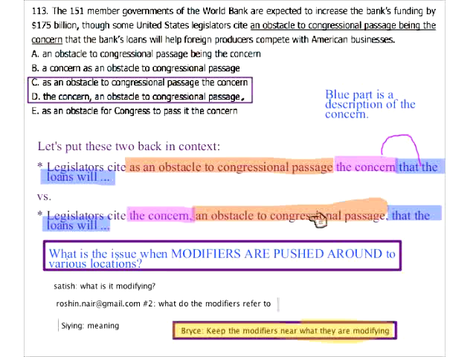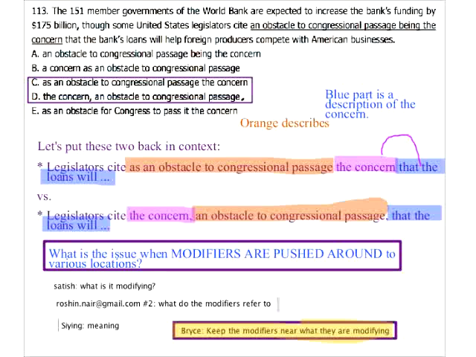Like, the meaning here is that legislators are saying, hey, this is potentially an obstacle. So this is describing the way in which the legislators cite the concern.